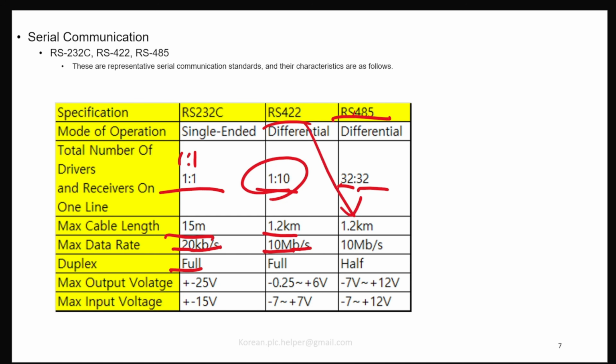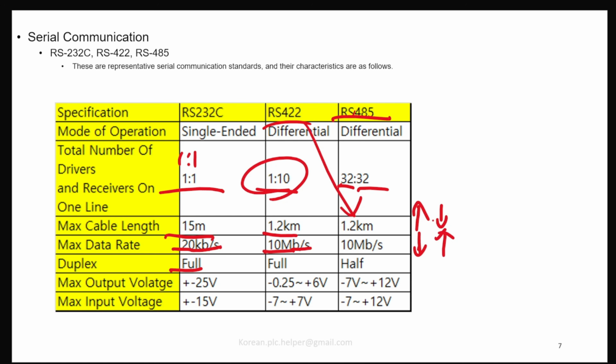There is one important point that you must understand. The maximum cable length varies depending on the communication speed and wiring condition. In general, the maximum available cable length decreases as the baud rate increases.